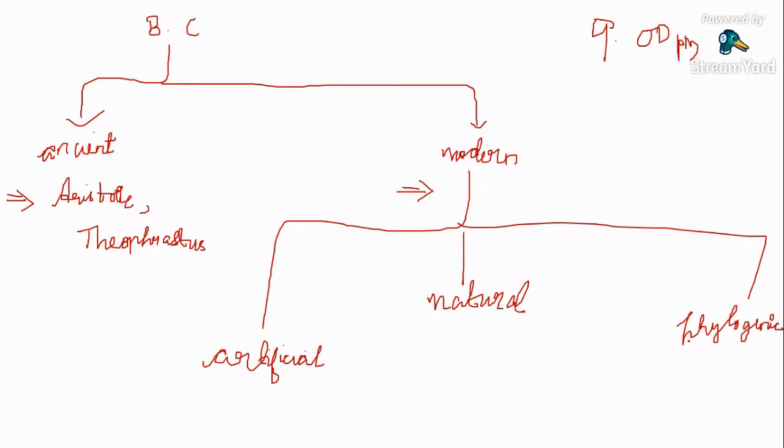The artificial system of classification is proposed by Linnaeus. The natural system of classification is proposed by two scientists, Bentham and Hooker.